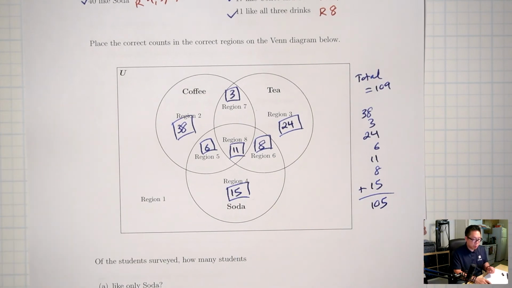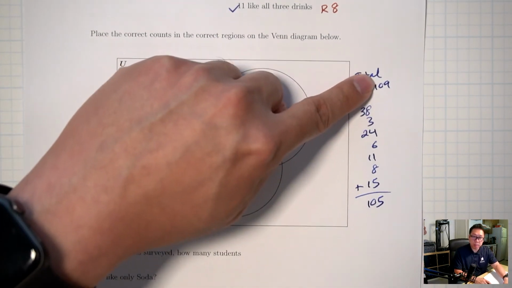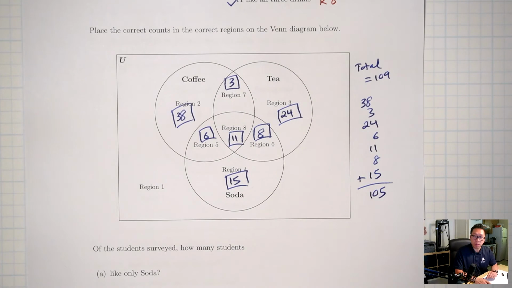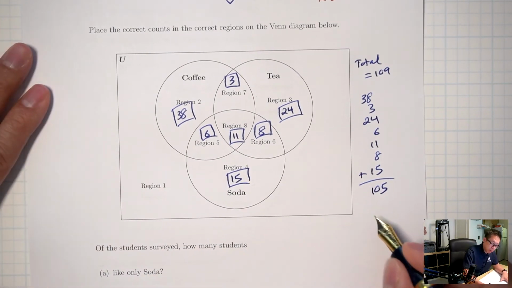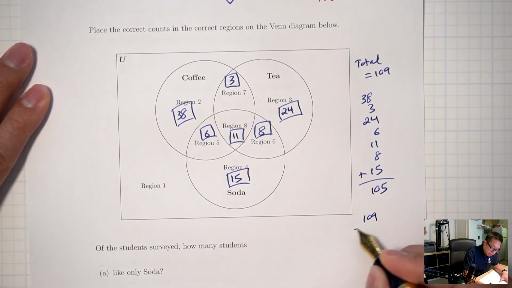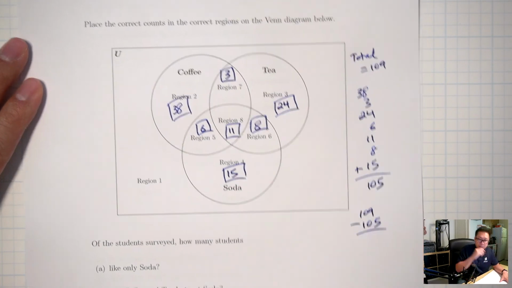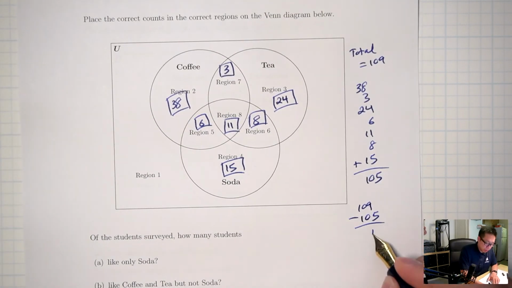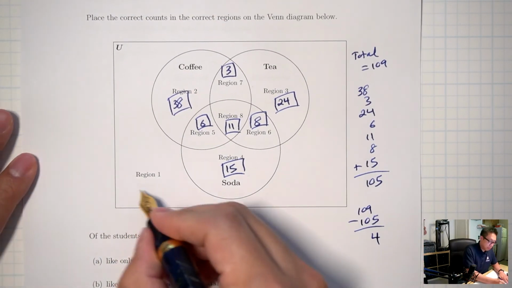And then I'll take my target, which is the 109, and then subtract off what I have so far. So 109 minus 105. I don't need a calculator here. That's 4. So region 1 is 4.